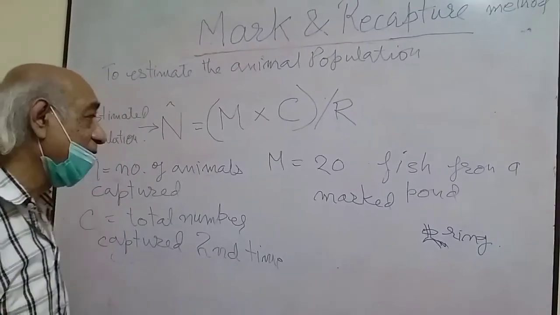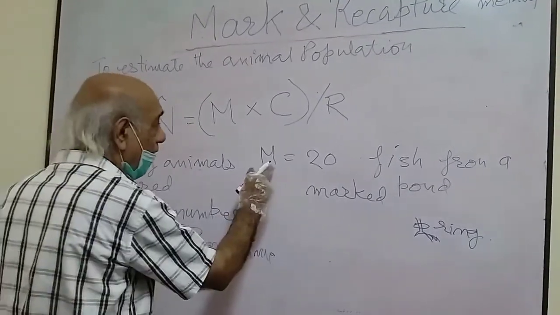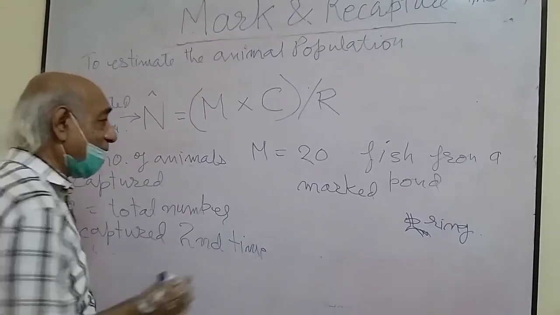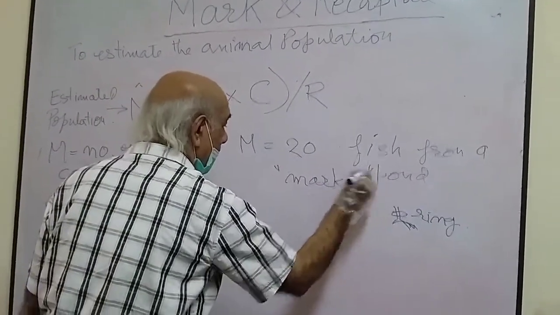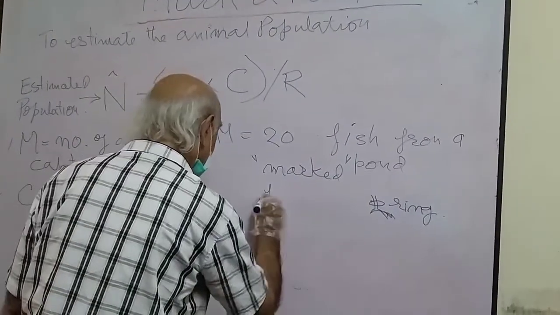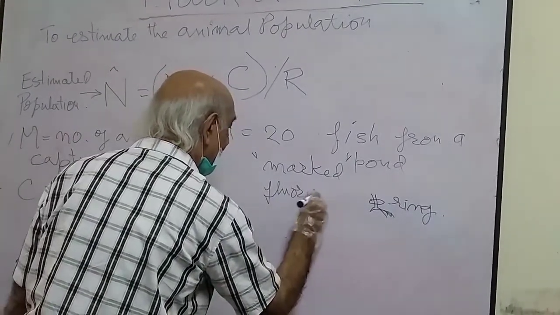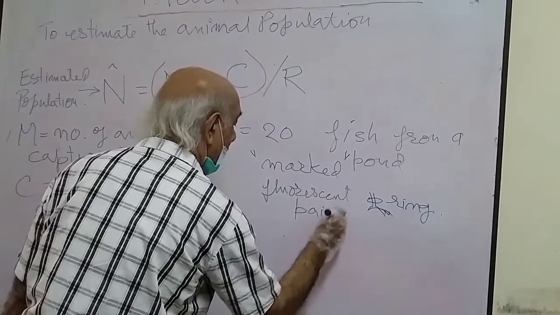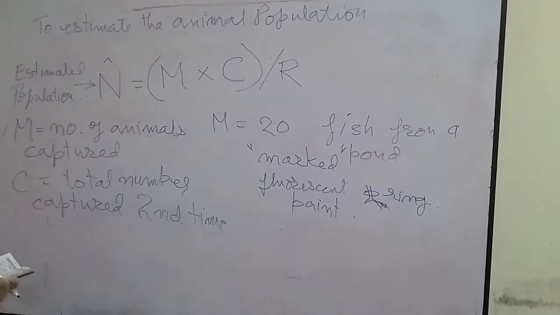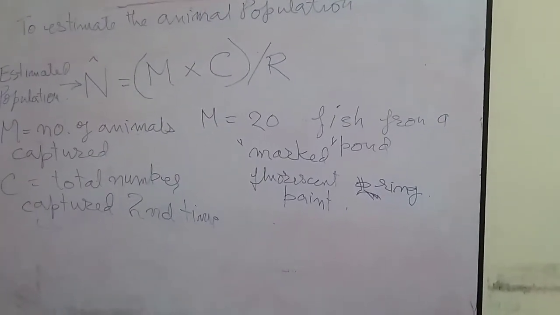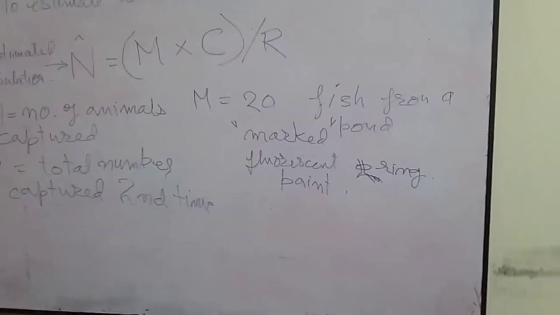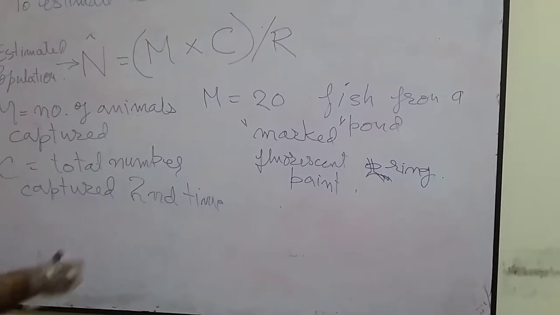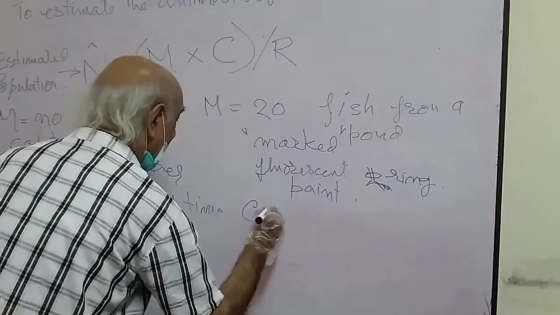We are estimating the fish population. From a pond we captured 20 fish and marked all of them using, for example, fluorescent paint. After say 1 week we captured fish a second time, and the total number captured the second time is 15.